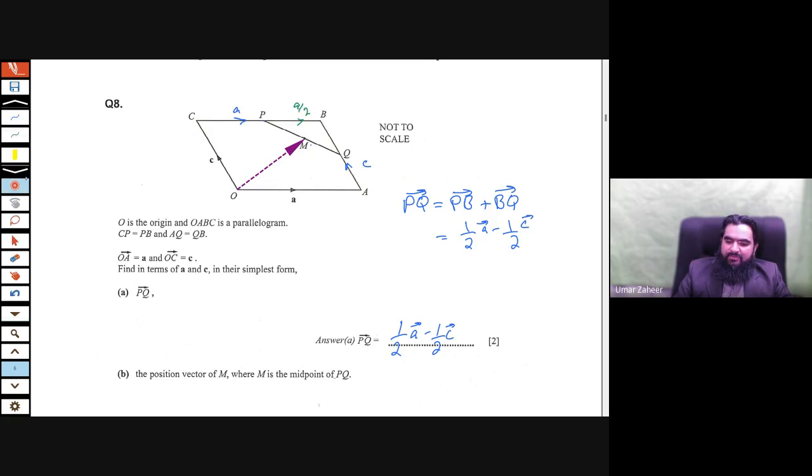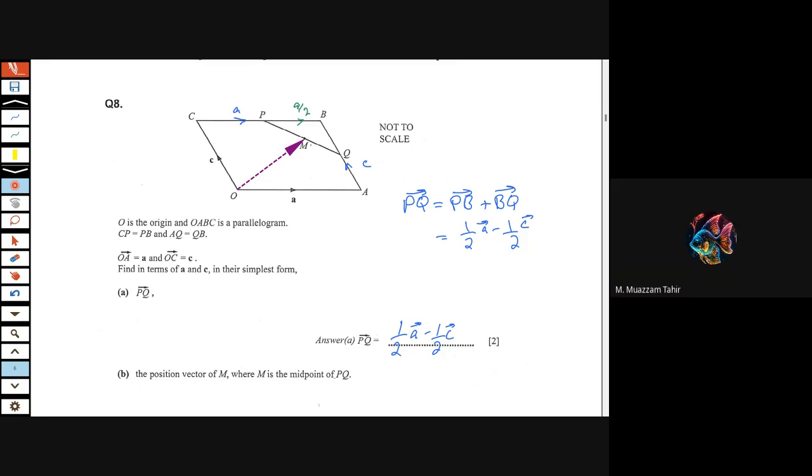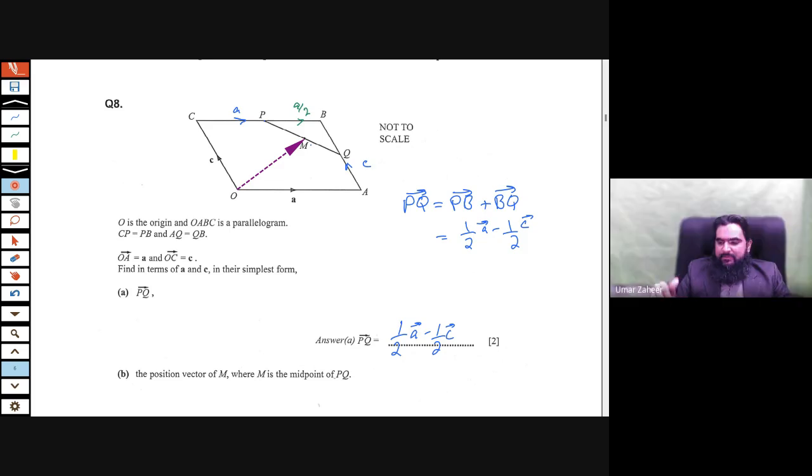Yes, Muslim, how many ways do we have to move from O to M? Two ways, two routes. We can move from O to A to Q, and Q to M. The same way, we can move from O to C, C to P, and P to M.